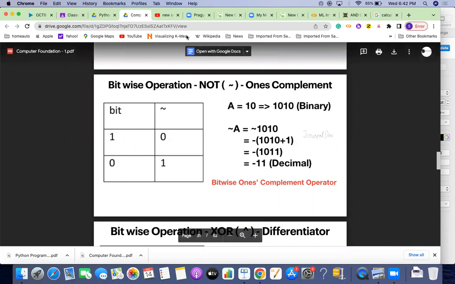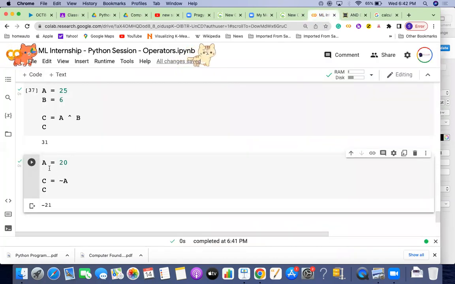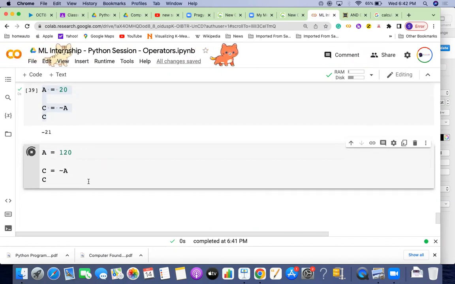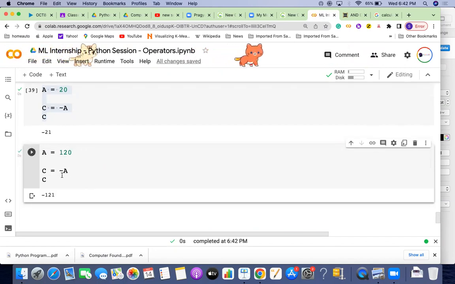Let us do one more example. If I give 120, what would be the result here? Plus 1 and the negative sign.